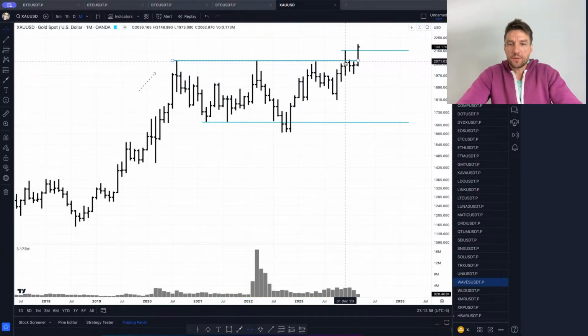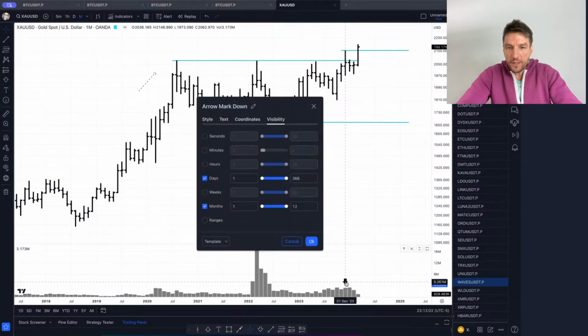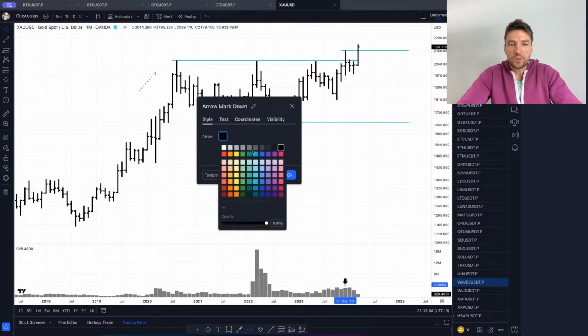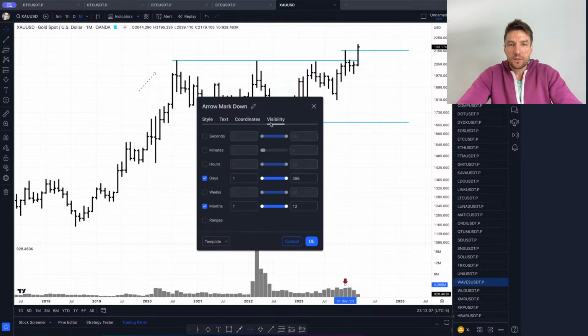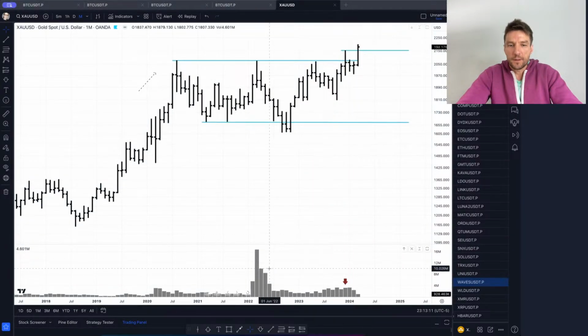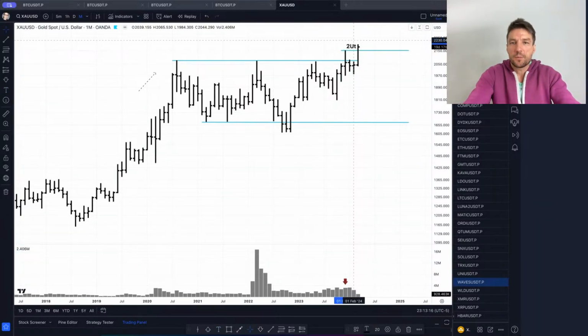Same deal. That was a 2-bar up thrust. There is volume here, but even bigger volume and reaction, so it looked good for a 2-bar up thrust.